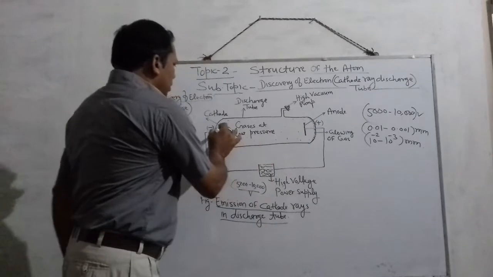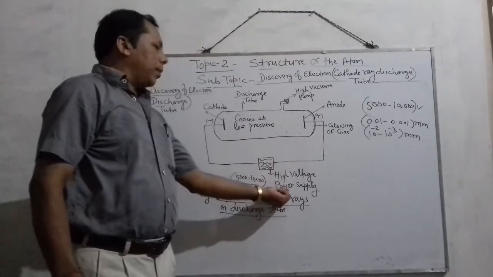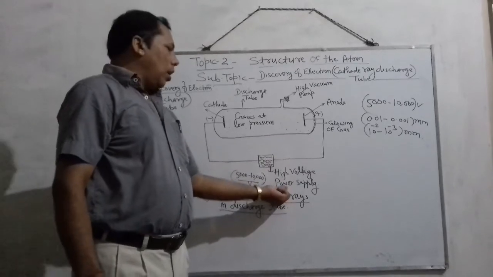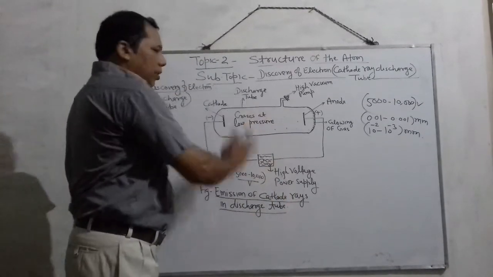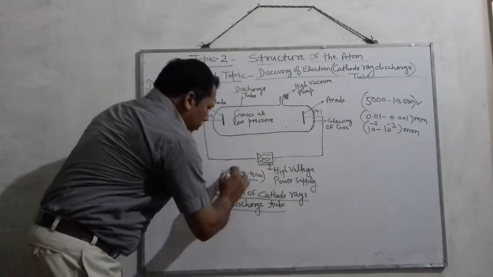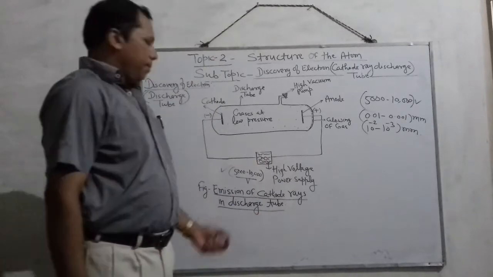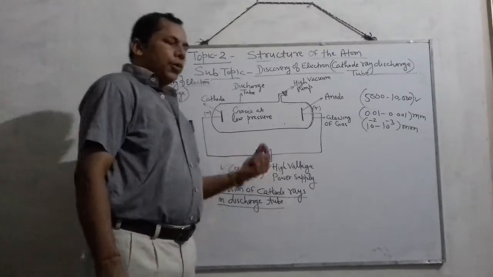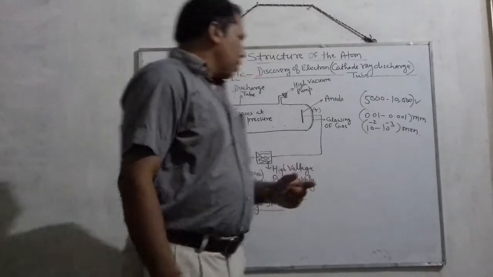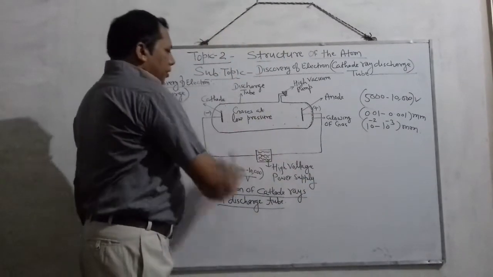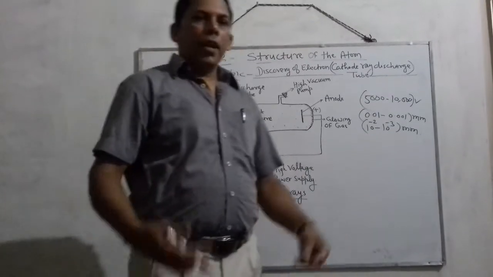These electrodes are connected to a high voltage power supply, and the voltage required for this discharge tube is nearly of the order 5000 to 10,000 volt. Alright? So this is the description of the discharge tube. What happens?